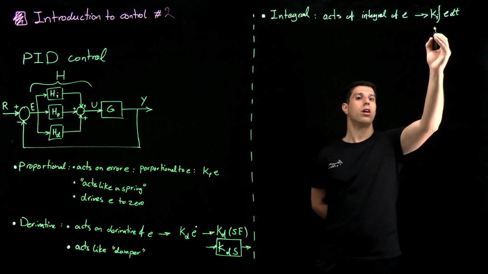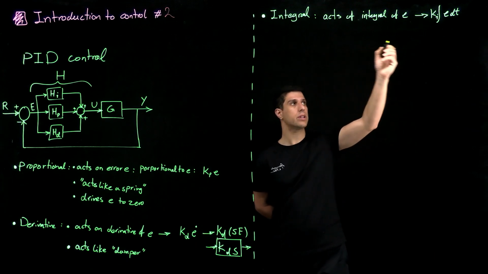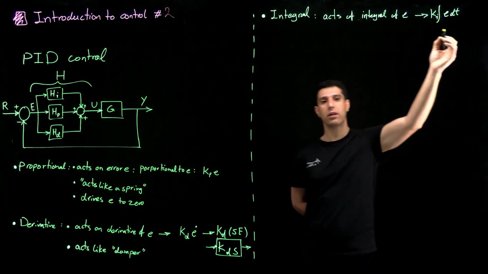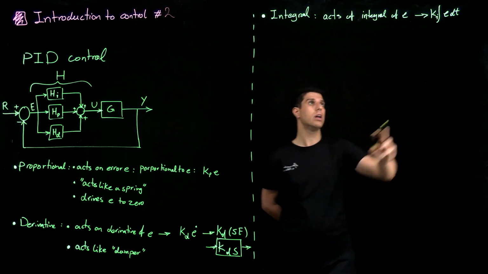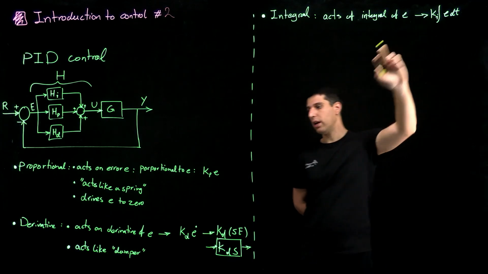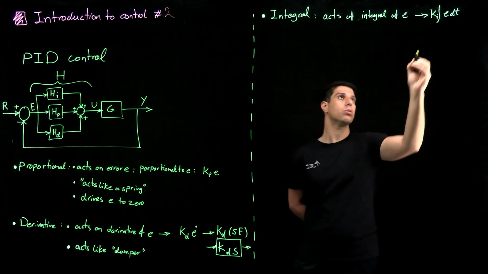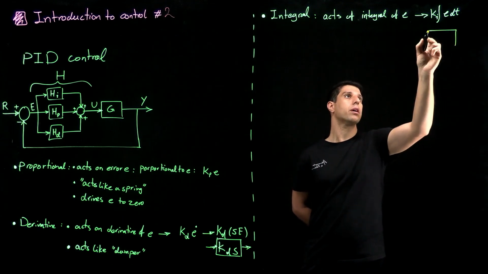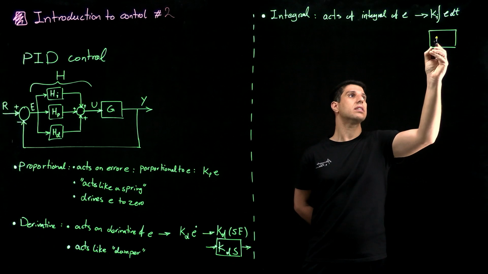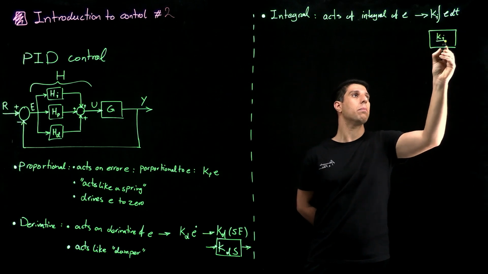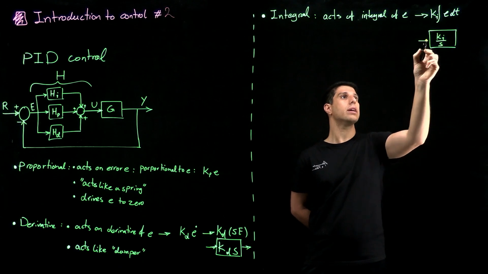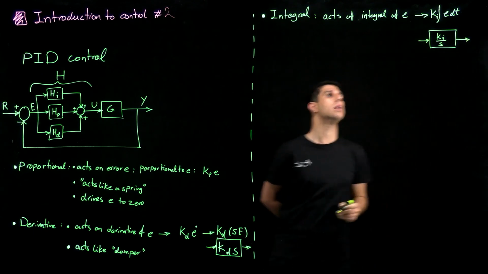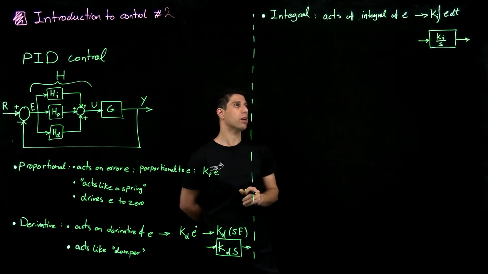So integral from maybe time 0 to current time, we accumulate all the errors that have been in the system so far, and then multiply that by a constant value. That would be the output. And in a block diagram way, this is Ki, and remember the integral is 1 over s. So this is the block diagram version of the same thing.